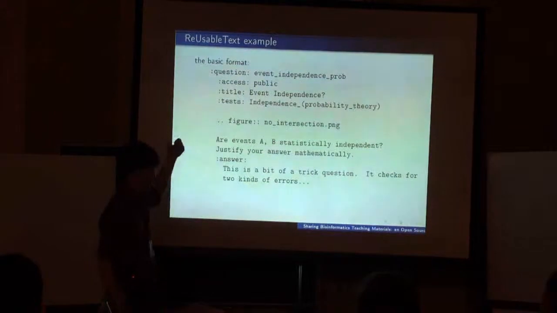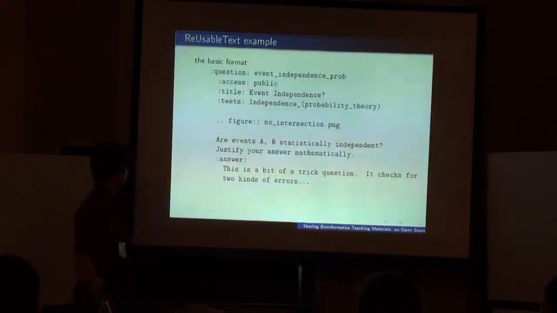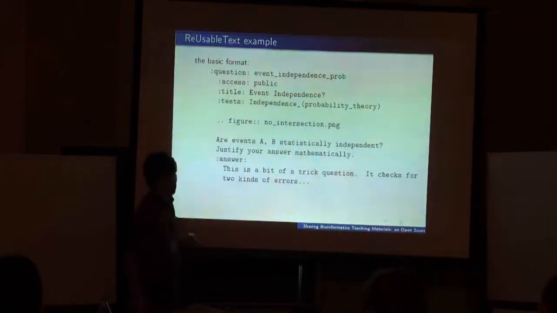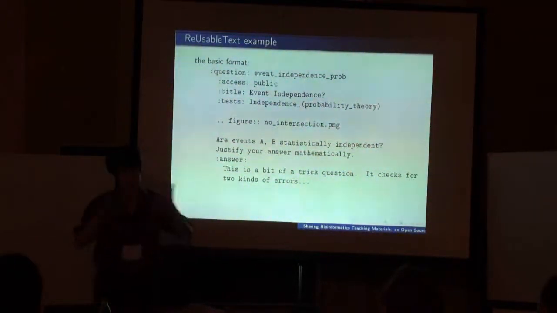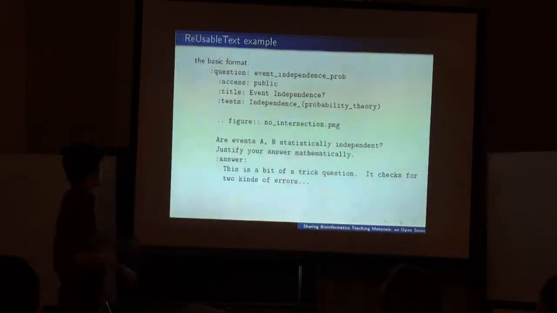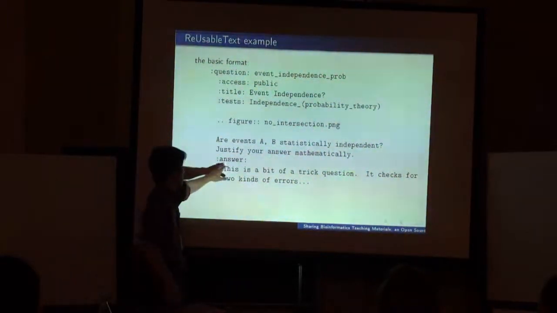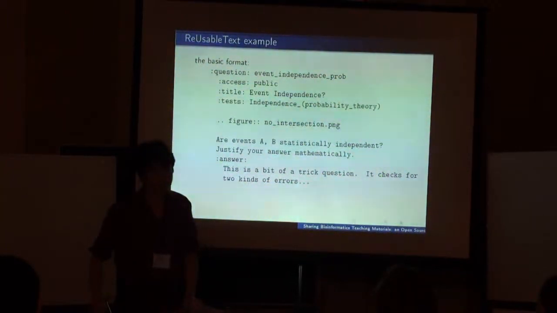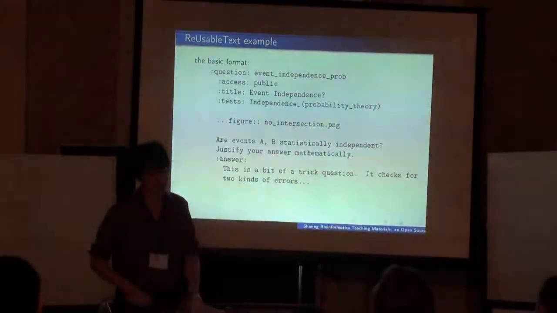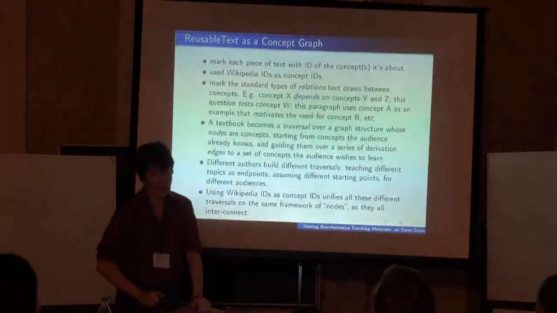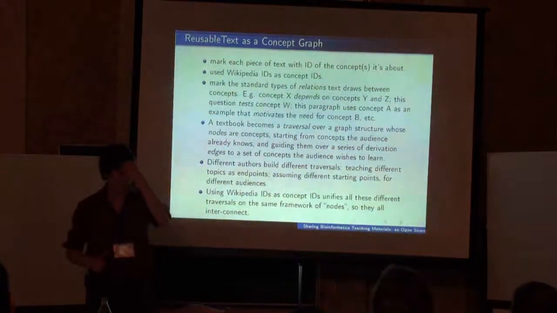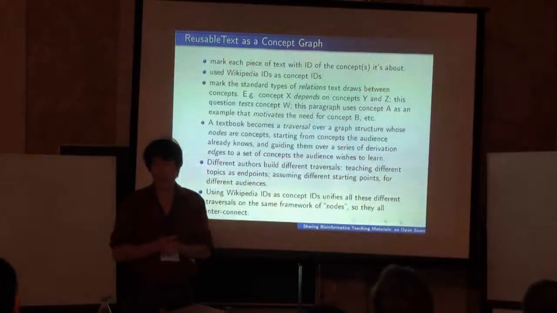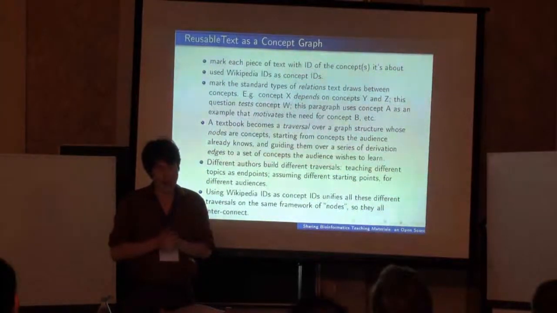And so I'm using a very simple format, this reusable text, that's essentially adding these metadata tags to annotate what the content is. So if I have a question, it's got an associated answer, it's got a concept ID annotation of what concept is being tested, etc. I should mention that in the tagging of concept IDs on this material, I found that I could pretty much use Wikipedia IDs.